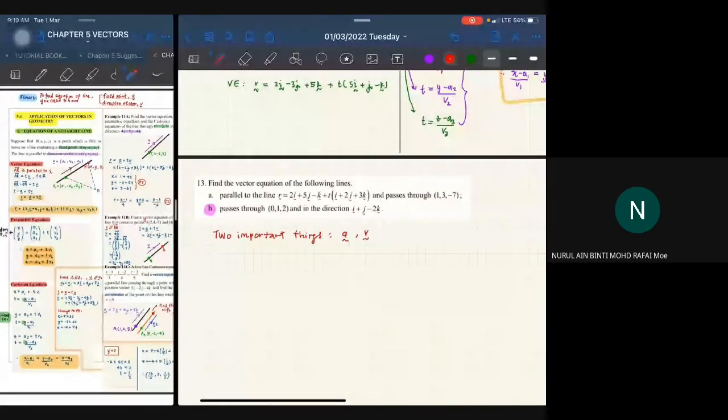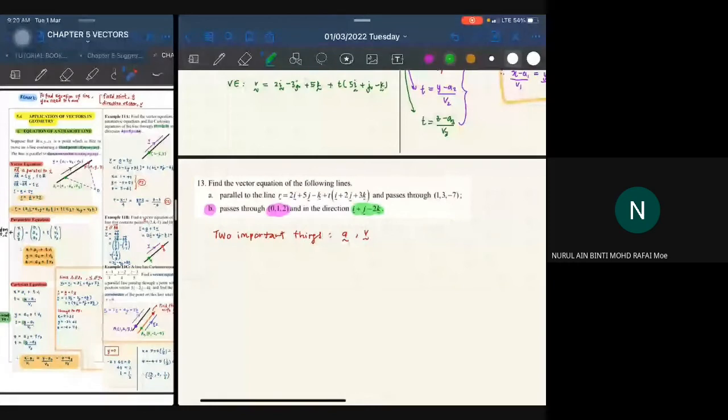Okay, so kalau tengok dekat situ, kita tahu tak kita punya A and also V? I think this question is pretty straightforward. Do you know your A and also your V? This is your point. And this is your V. Okay, so soalan dia tak bagi point yang lain.